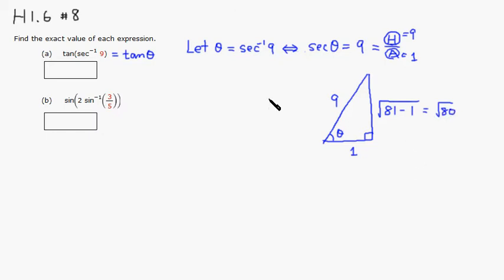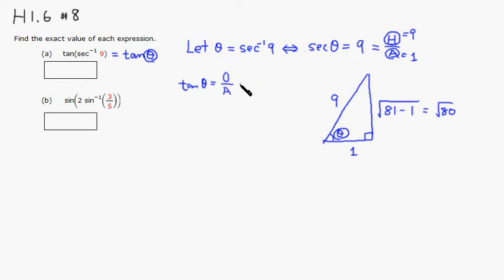Then we just need to find the tangent of theta. This theta is exactly the same as this theta. Tangent of theta, by definition, is opposite over adjacent.